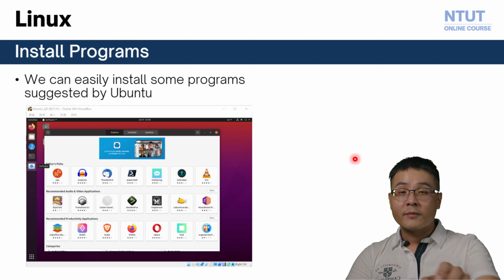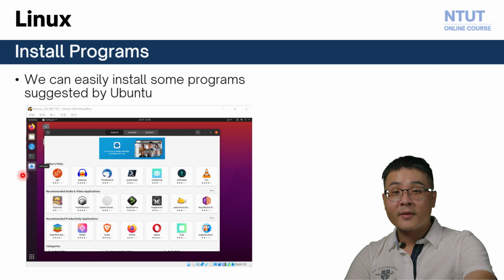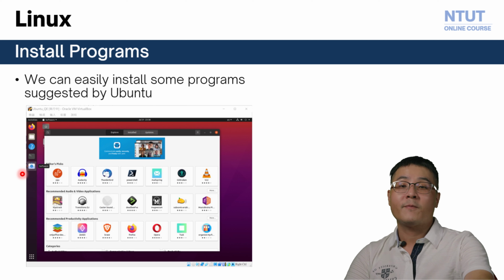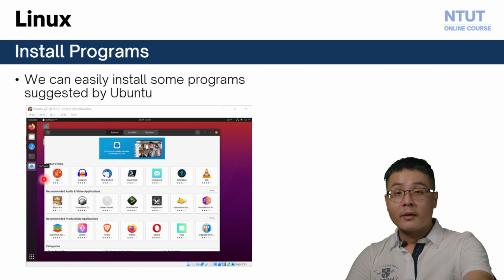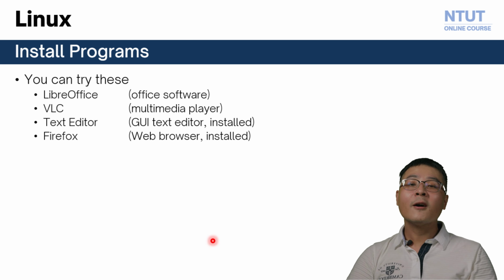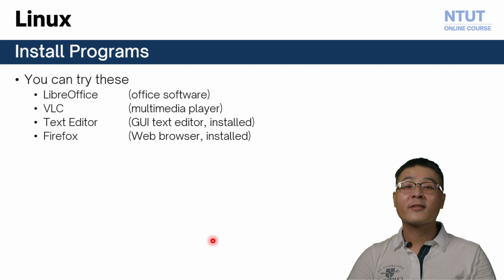And still, we can easily install some programs suggested by Ubuntu. So if you enter here, the Software in Ubuntu, you can find several free-of-charge programs suggested by Ubuntu. Some of the important programs you can try, for example, LibreOffice, just office software, something like Microsoft Office in Windows, and you have VLC for a multimedia player.